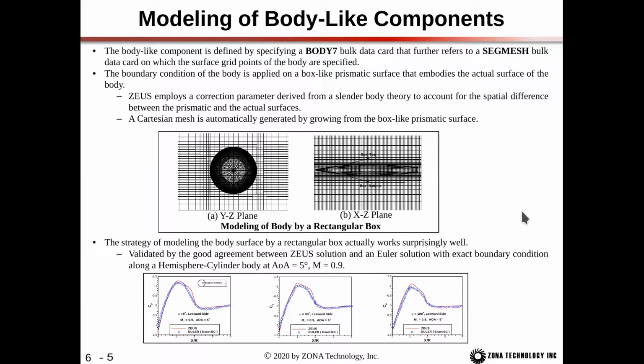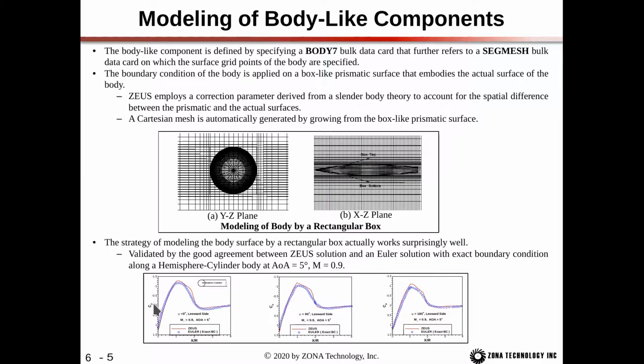Now, the strategy of modeling the body surface by a rectangular box actually works surprisingly well, and it's validated by the good agreement between ZEUS solution and an Euler solution with the exact boundary condition along a hemisphere cylinder body at an angle of attack of 5 degrees and Mach 0.9. So our ZEUS solution is in red here, and then the exact Euler solution is the blue circles.